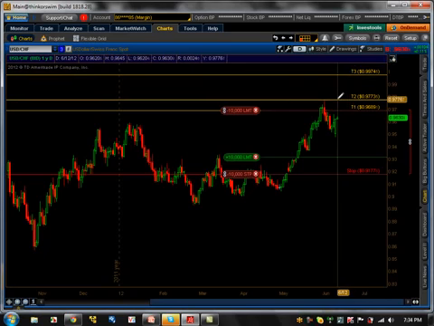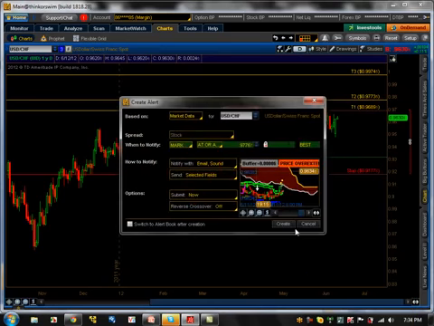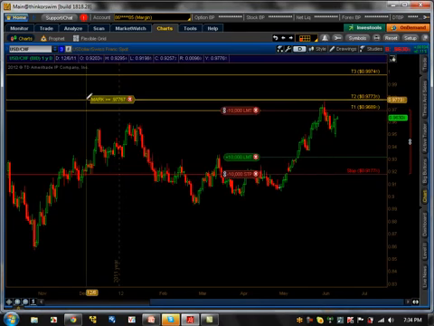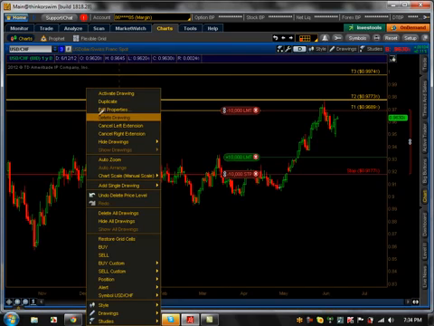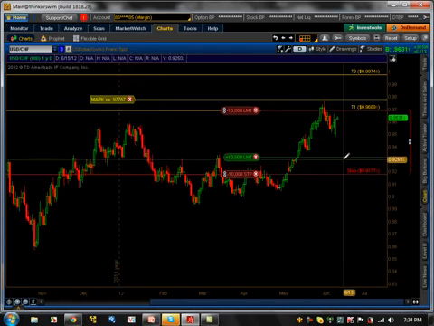If it breaks this pivot high right here, it'll be invalid. So I'm going to put an alert there. If price ever gets there, I'm going to cancel the order completely. If price goes down here, I'll enter the trade. Agreed?